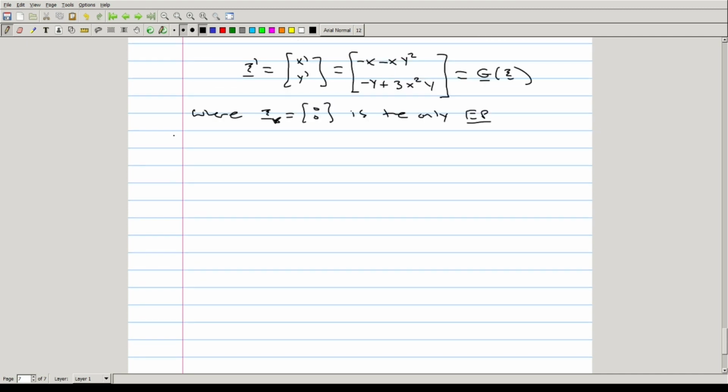And a good question to ask is, how do we find a Lyapunov function for a system like this? And I want to emphasize here that it's not trivial and it's not always the same. It depends heavily on the g function.